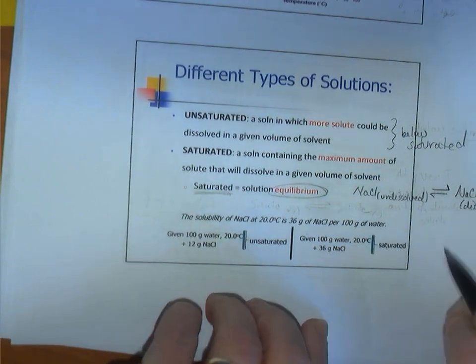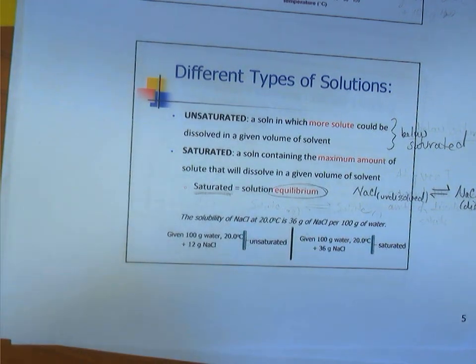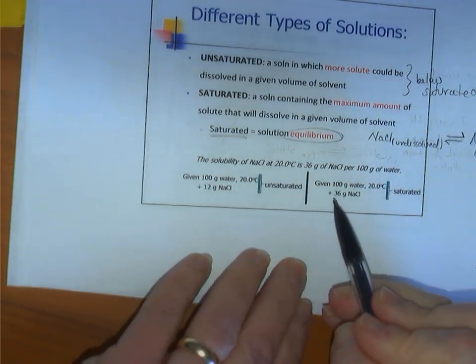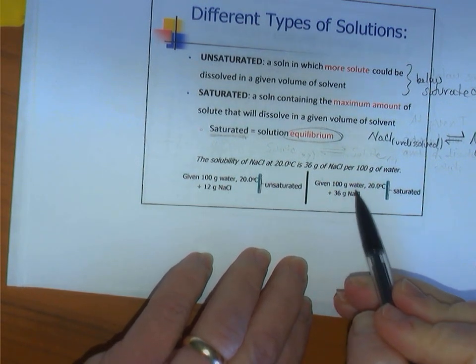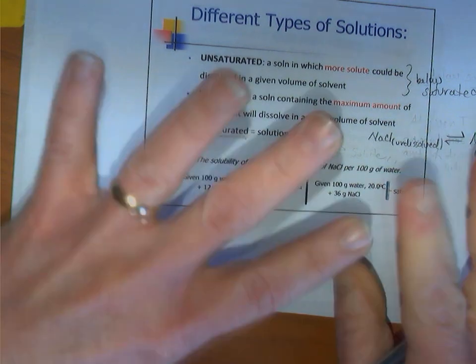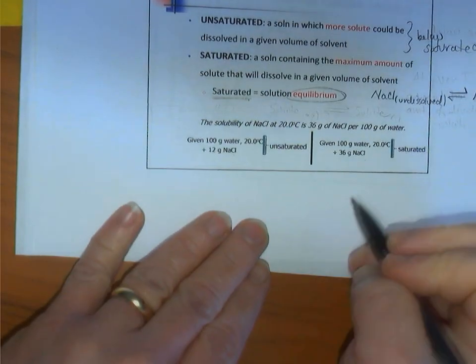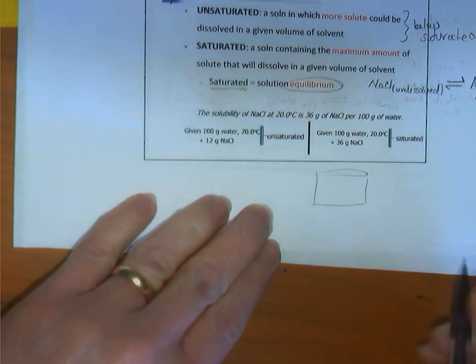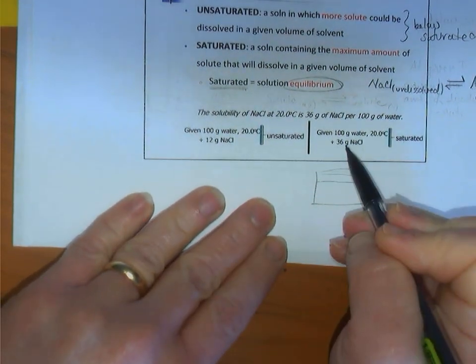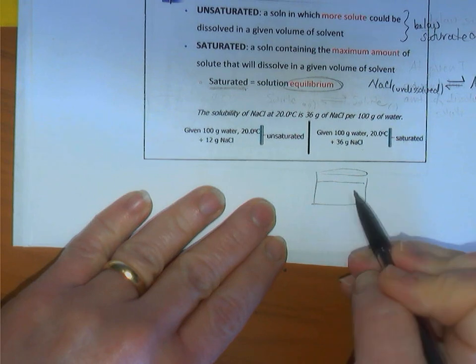Okay? So if you are perfectly at that saturation point, and I actually looked it up and it's closer to 36 grams of sodium chloride per 100 grams of water, at about room temperature. Now, if per the 100 grams of water, we added the 36 grams, it would be clear and colorless.